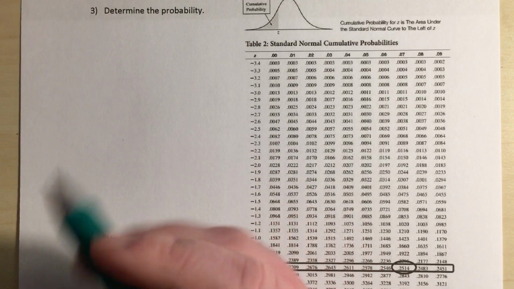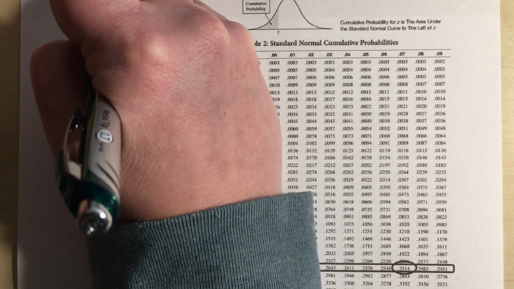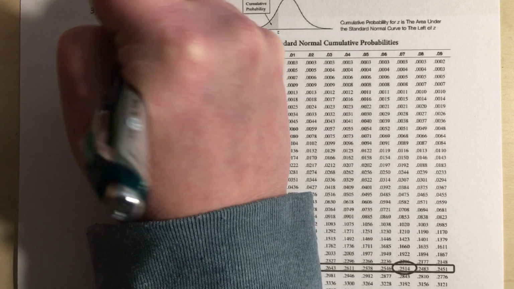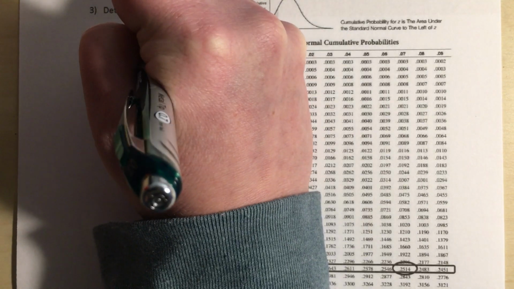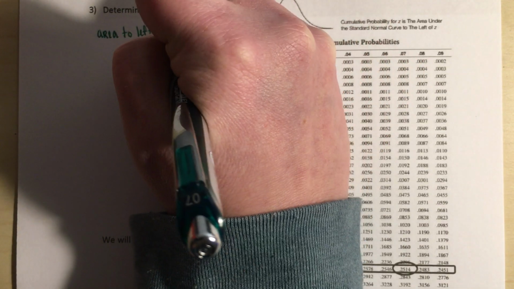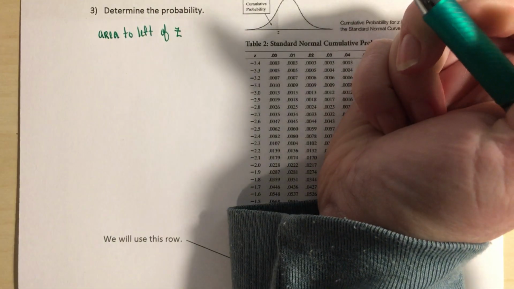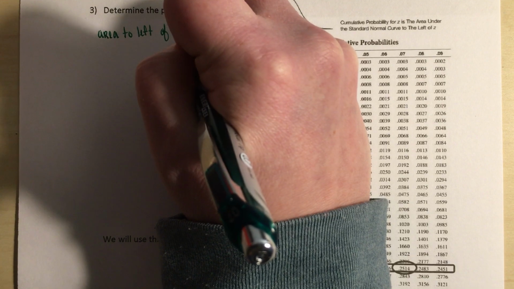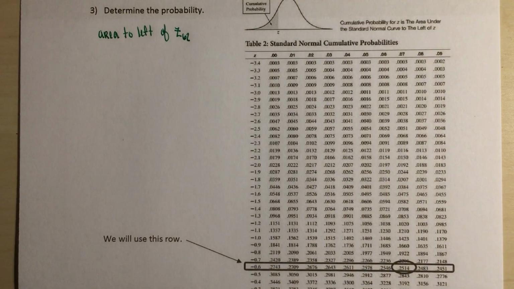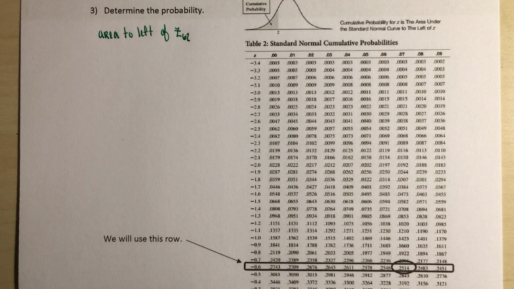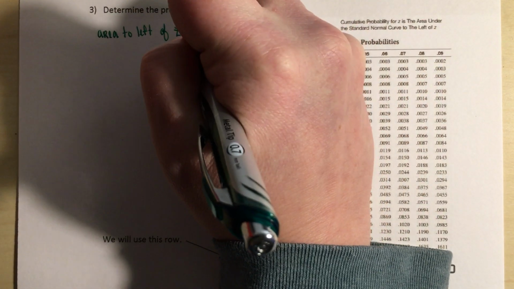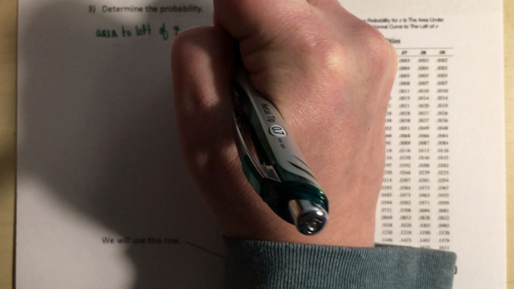So what that means is our area to the left of Z, and I'm just going to notate that we plug 62 in. You don't necessarily have to do this. So our area to the left of Z equals 0.2514.